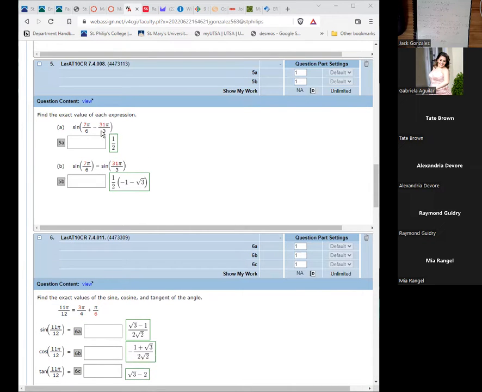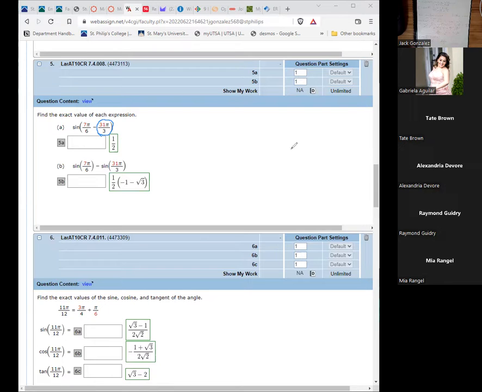Does this look doable? This is almost the same, but this one's a little harder because of this guy. Do you know how to deal with that 31 pi thirds? Okay, do you see how that's probably bigger than a full circle, right?